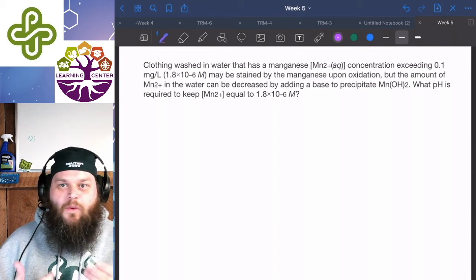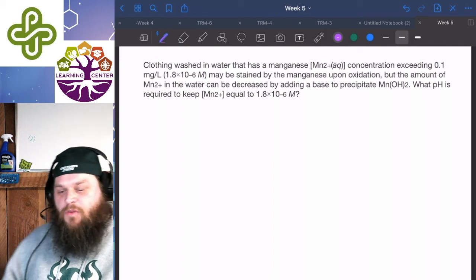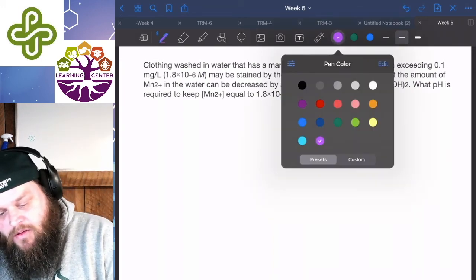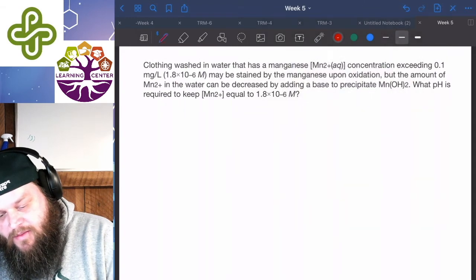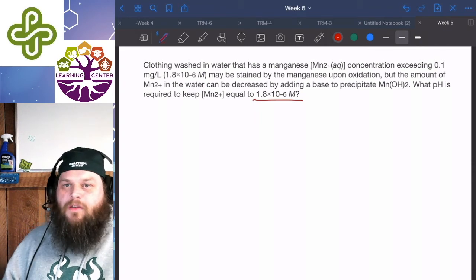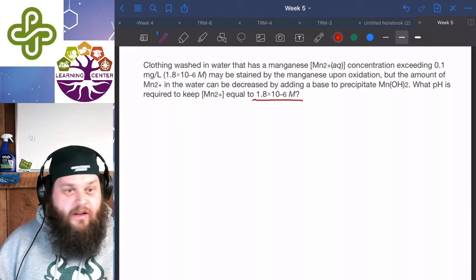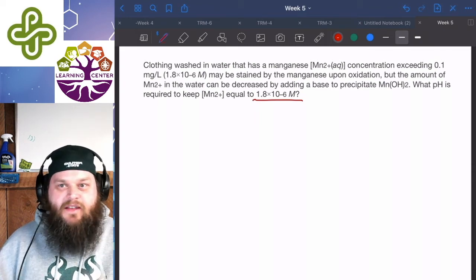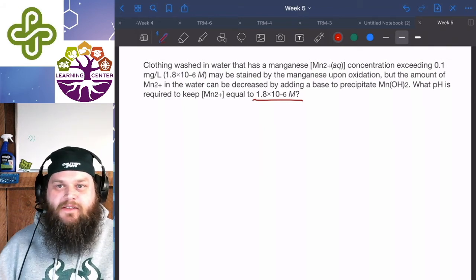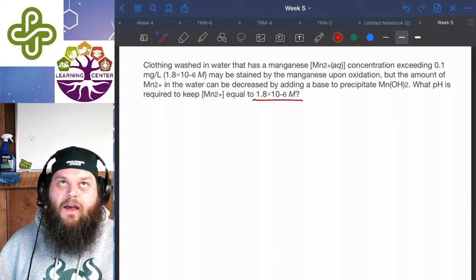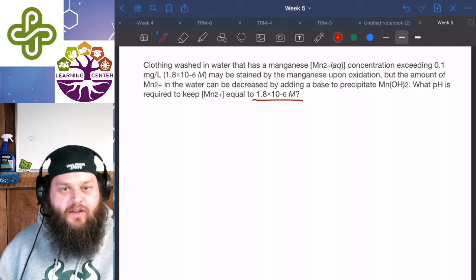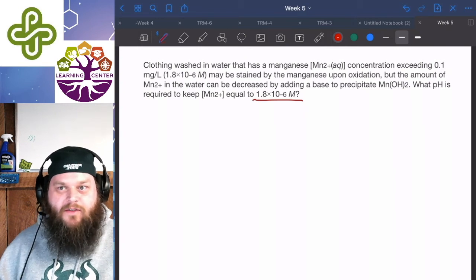So they're asking what pH is required to keep the manganese equal to 1.8 times 10 to the negative 6 molar. So the question is, do we want this to be acidic or a basic solution? If it's acidic, well, we would have those acidic ions that would kind of bond to any of the OH ions we have in there, any of the hydroxide ions.